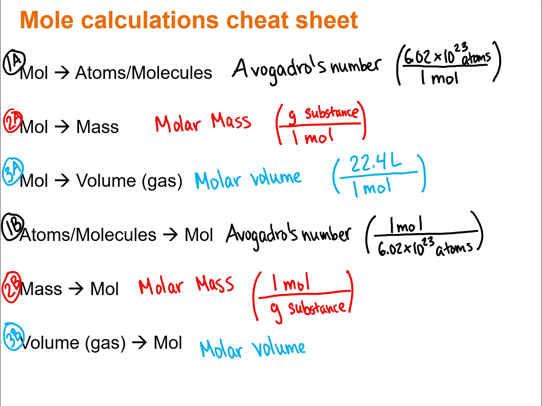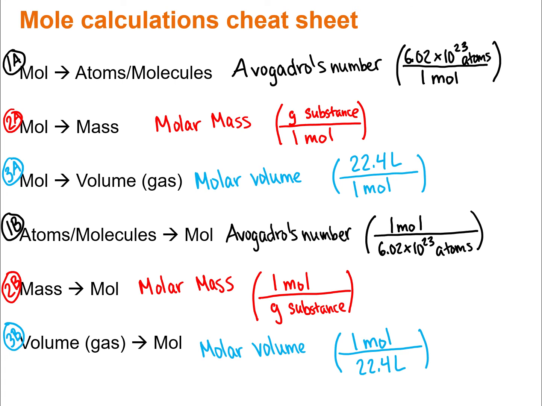If you're starting with the volume and you need to figure out how many moles you have, you need the reciprocal. So there's the concept and the unit factor that you need for each of the problem types that we covered.